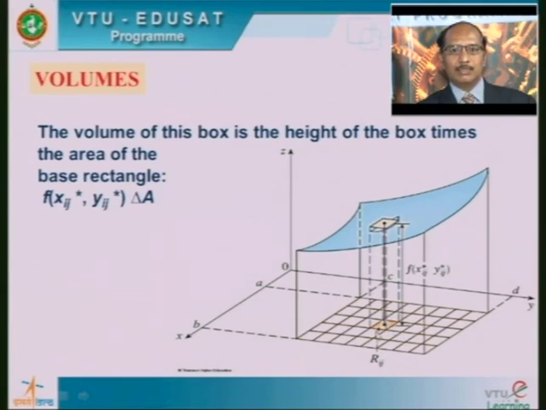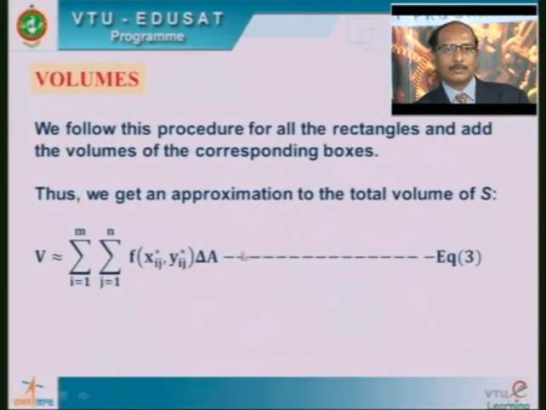The height is f of xij star, yij star. So the volume of that box is the product of base into height: f of xij star, yij star, which is the height, times delta A, which is the base. So height into base approximates the volume of the box.